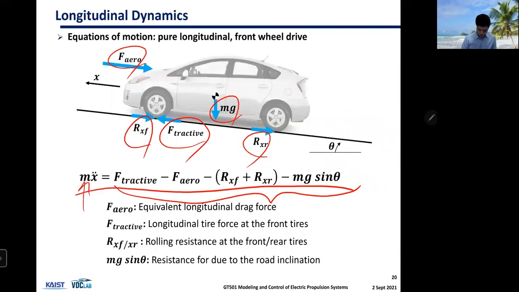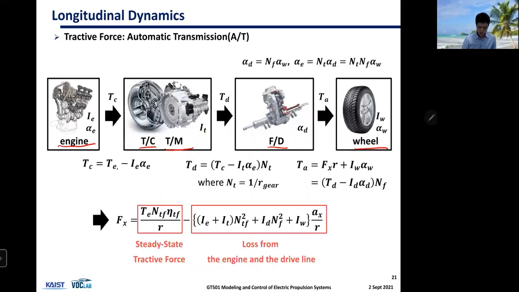And if you look at this equation, we're going to look at each force term here, okay? And that's what this slide is showing. So this slide is trying to compute what Fx, tractive force, is, okay? And tractive force is coming from the powertrain.